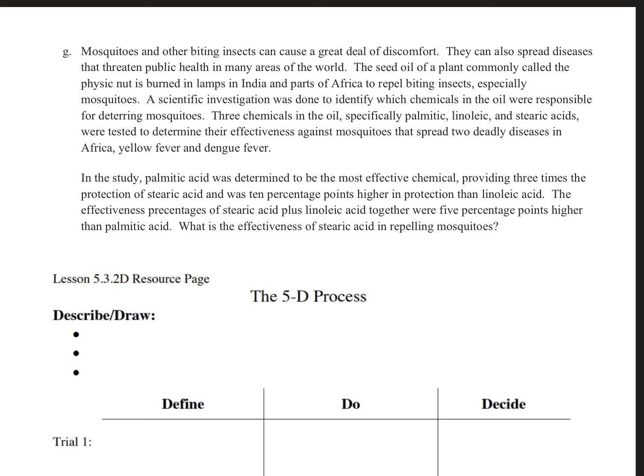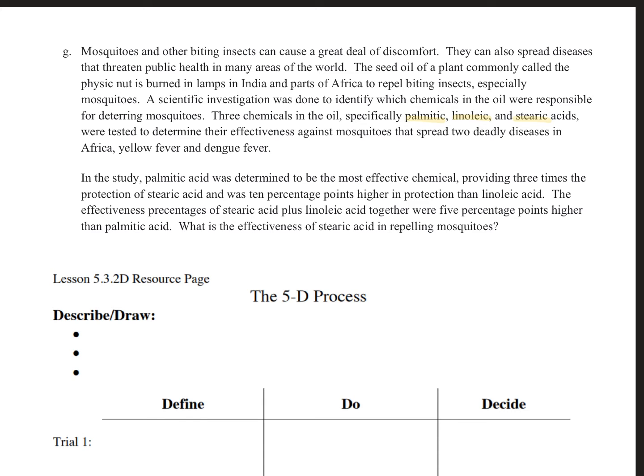A scientific investigation was done to identify which chemicals in the oil were responsible for deterring mosquitoes. 3 chemicals in the oil, specifically palmitic, linoleic, and stearic acids, were tested to determine their effectiveness against mosquitoes that spread 2 deadly diseases in Africa: yellow fever and dengue fever.